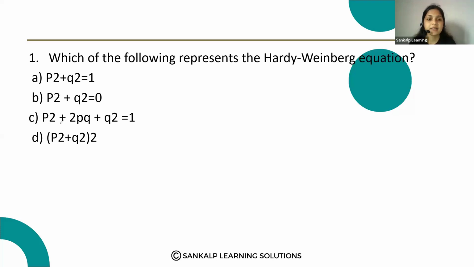Option C, P square plus 2PQ plus Q square is equal to 1. Option D, P square plus Q square whole square. Here the Hardy-Weinberg equation is P square plus 2PQ plus Q square, that is equal to 1. Okay, so option C is the correct answer.